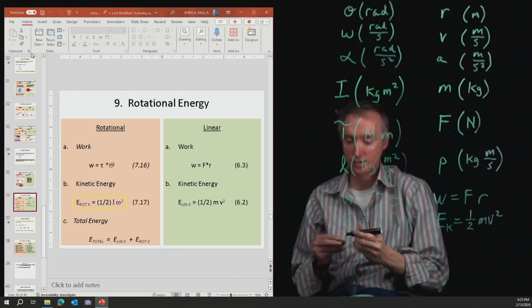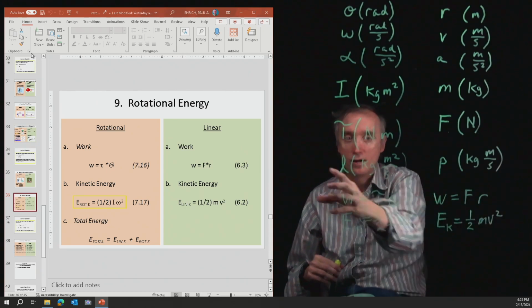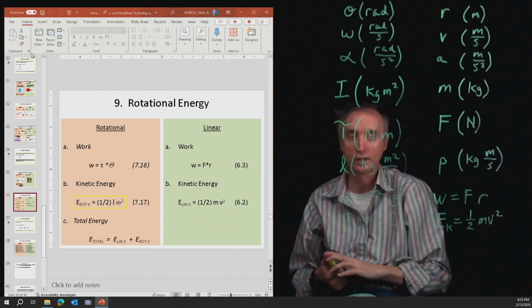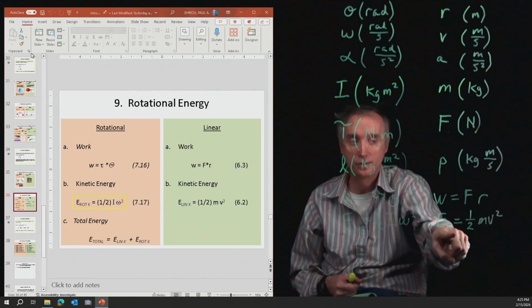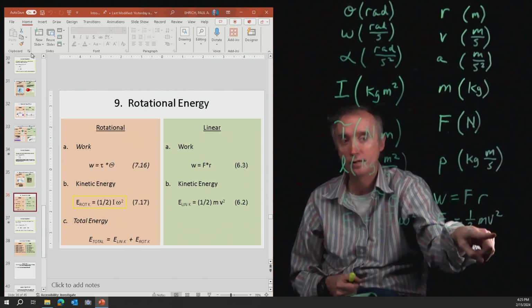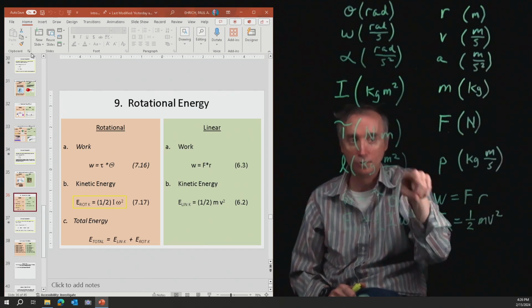And now imagine that you've got a bowling ball that is rolling down the alley at a bowling alley. Can you see that it is moving sideways? So it's got linear kinetic energy. But what else is the bowling ball doing? It's rolling.